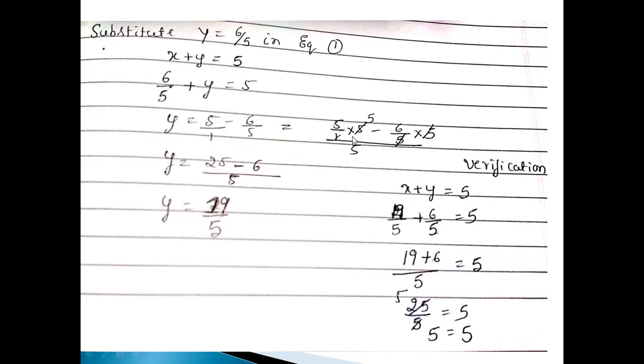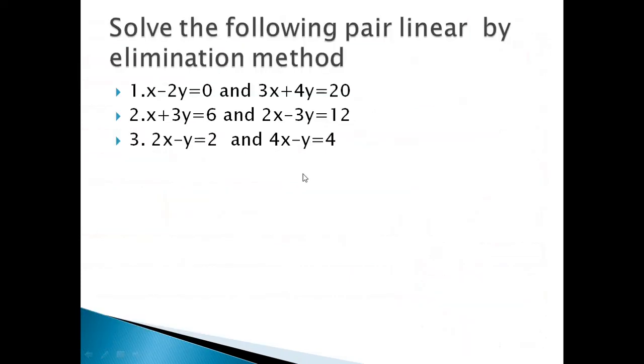Write down the first fraction into LCM 5 minus the second fraction into LCM 5 for simplification. 5 5s are 25 and 6 1s are 6. We are getting the solution for y and also for x. Substitute those solutions and we are getting the verification also clearly. So this is the elimination method of solving a pair of linear equations.